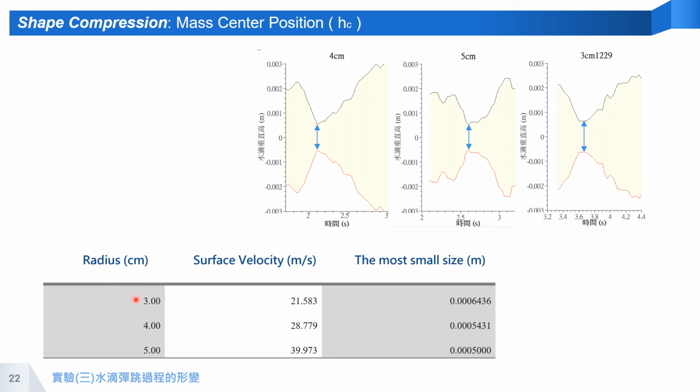From the radius 3 cm to 5 cm, the velocity is 21 meters per second to 40 meters per second. We can see the smallest size is like the length of this blue arrow, from 0.00064 to 0.000450. So actually, we can see that as the radius gets bigger, the smallest size gets smaller.